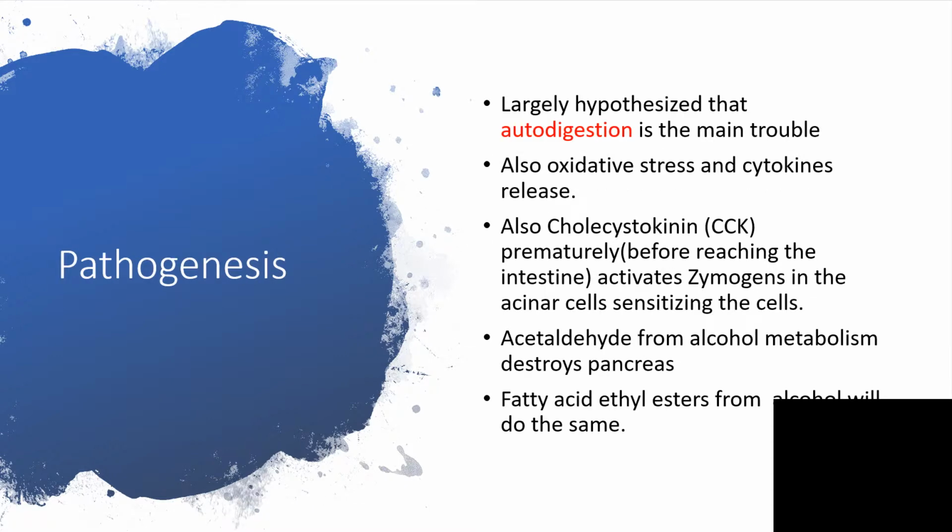What is the pathogenesis here of acute pancreatitis? It is largely hypothesized that autodigestion is the main trouble. From what I've said in the last few minutes, it is all about autodigestion, because the enzymes, the zymogens, are supposed to be inactive, and anything that makes them active, so that they are digesting the tissues, the pancreas itself is the problem here.